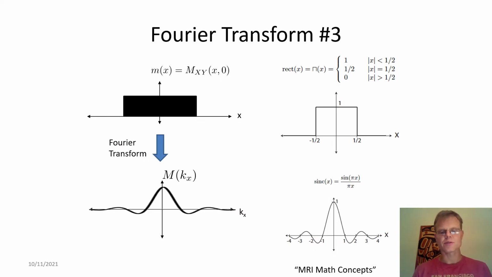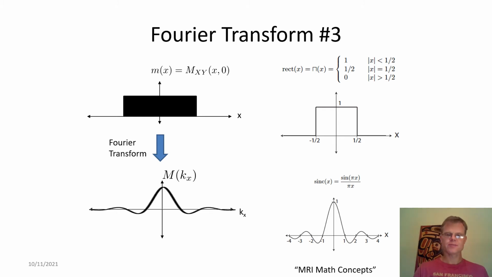Okay, so let's introduce a couple of very crucial functions that we'll use a lot, particularly in the context of when we need to use Fourier transforms. The first of these I mentioned is called the rect function, which is defined here, and you can find these definitions also in my MRI math concepts notebook or chapter.